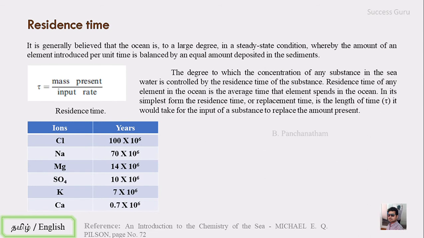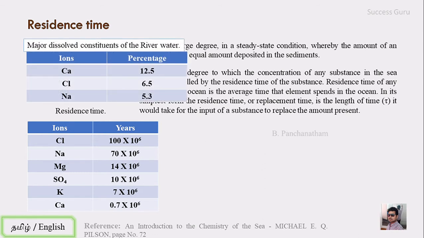You can see that chlorine's residence time is the highest, which is 110 to the 6, followed by Na, then Mg, then SO4, then K, followed by Ca. From this you can find out one thing about the dissolved constitution of river water, comparing calcium, chlorine and sodium. You can find that calcium is in higher concentration in the river, followed by chlorine, then sodium.